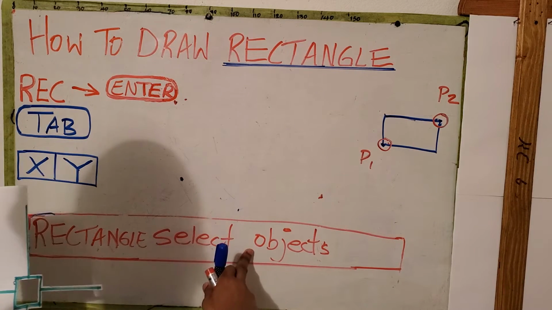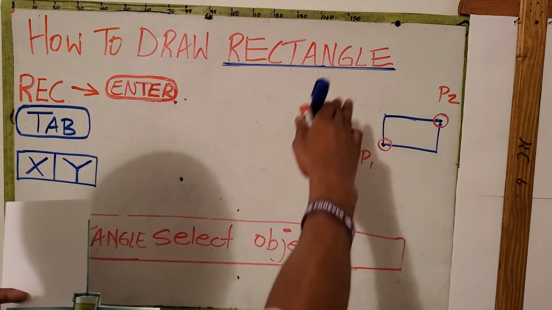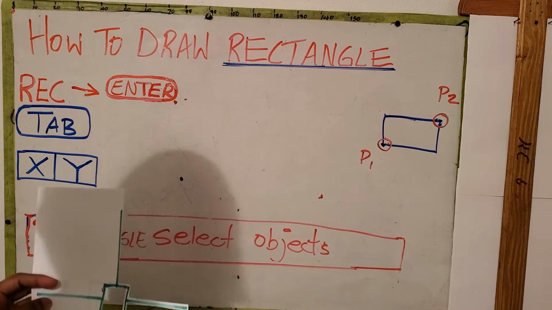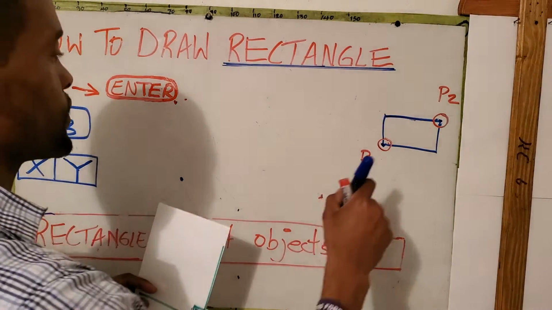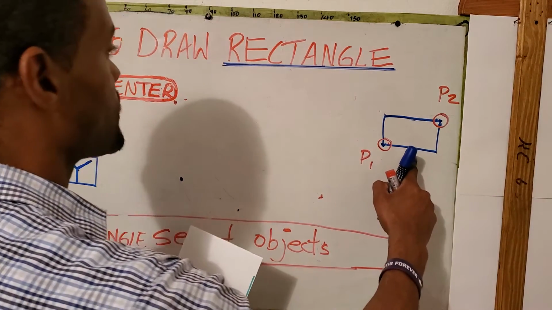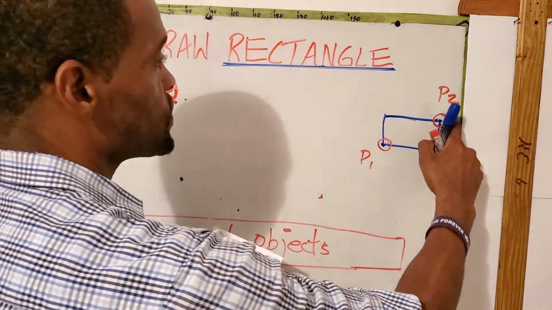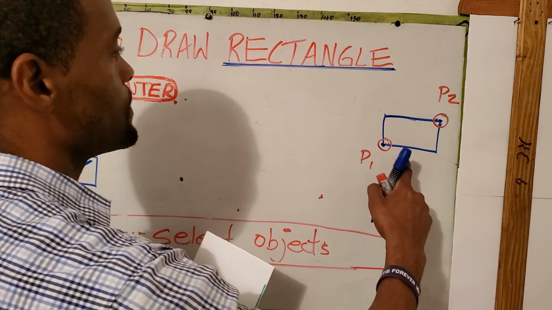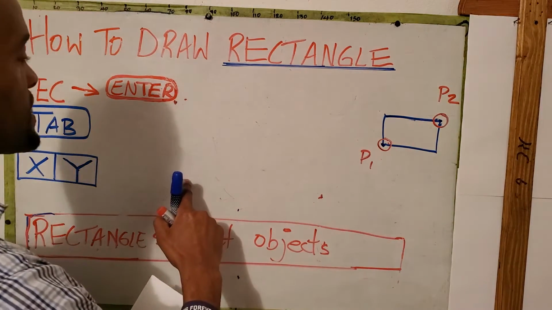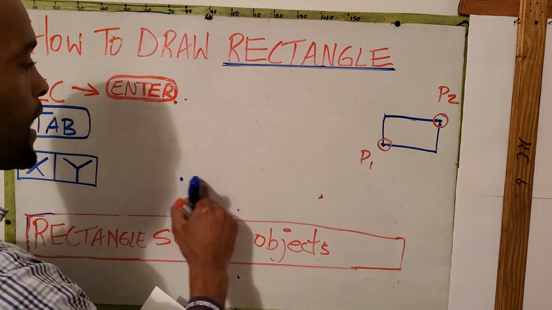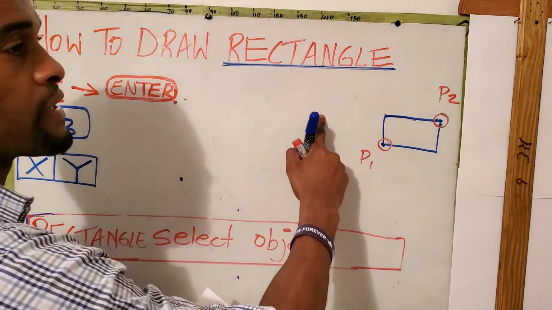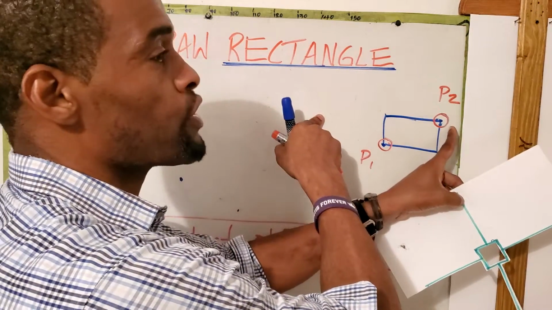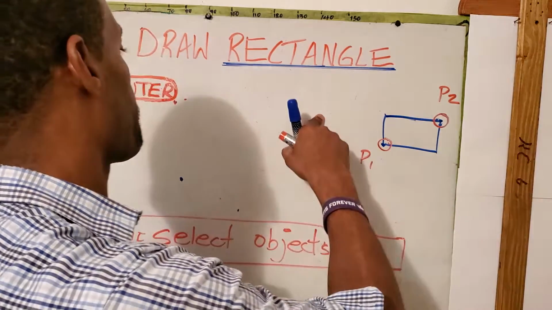This will then change and ask me to specify the upper right corner. The upper right corner is a point up here. It's the distance I want this rectangle to be in the X and also the Y. So it's basically a coordinate that we have to establish.